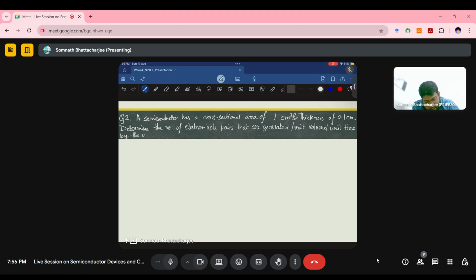by the uniform absorption of 1 watt of light, that is a photon, at a wavelength of 6300 Angstrom.